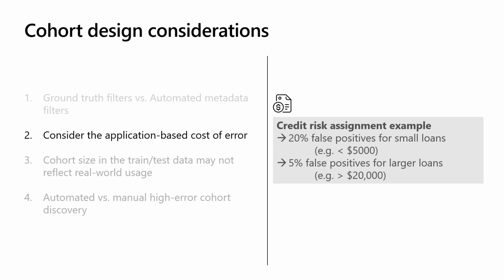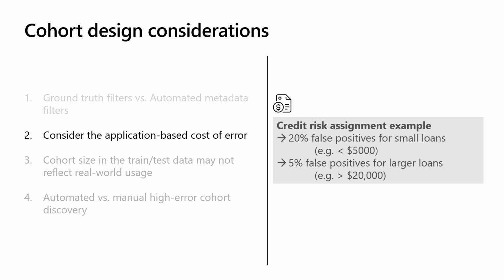Second, when creating cohorts, you may also want to prioritize cohorts that have a high cost of error in the application. For example, in a credit risk assignment task, naturally the cost of a mistake is very different for small versus larger loans, and this becomes a natural way of disaggregating model evaluation.